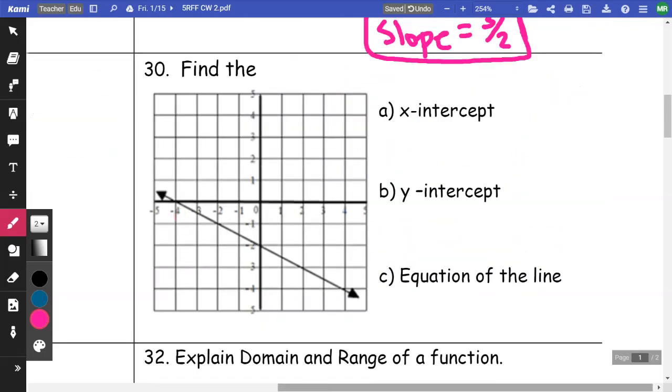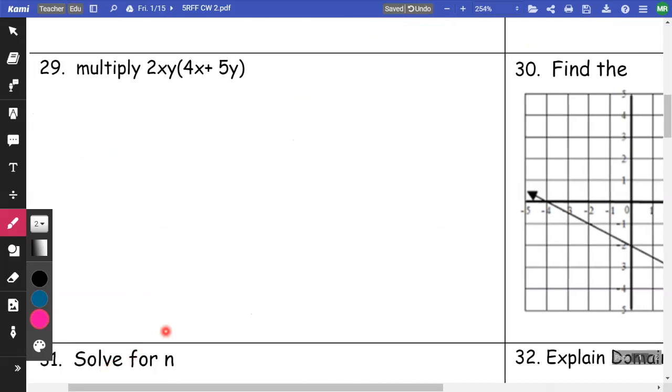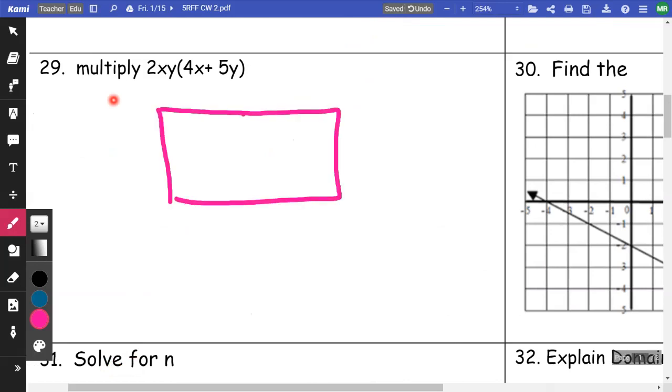Okay, on number 29, we're going to multiply this. So you can distribute. I think I'm going to draw a 1 by 2 box for this. But again, it is really just distribution. So I'm going to take 2y, multiplying with the 4x plus 5y.